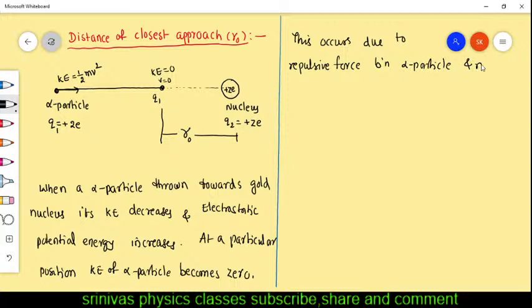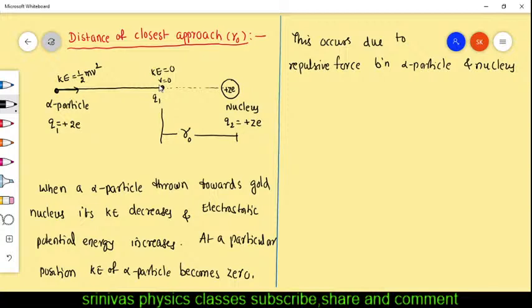Right? This is some explanation regarding this diagram. The alpha particle is thrown with certain kinetic energy. While moving towards the gold nucleus, the kinetic energy decreases because of the repulsion force. The nucleus repels the alpha particle, that's why its velocity decreases.